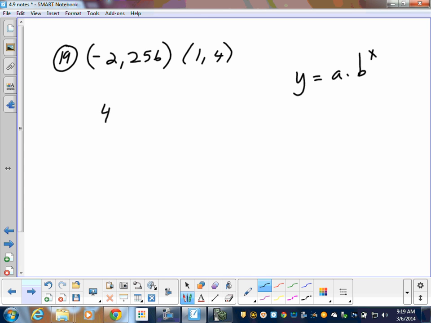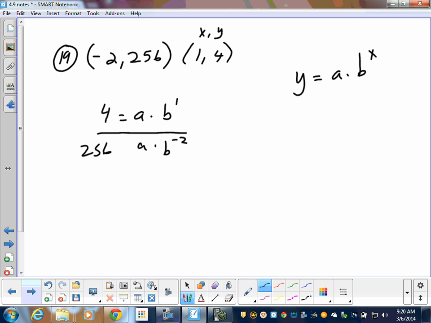Let's put a 4 in for y, guys. This number's x, this number's y. So I'm going to take 4 and I'm going to put right there. Equals a times b to the first. This is 256 equals a times b to the negative second.